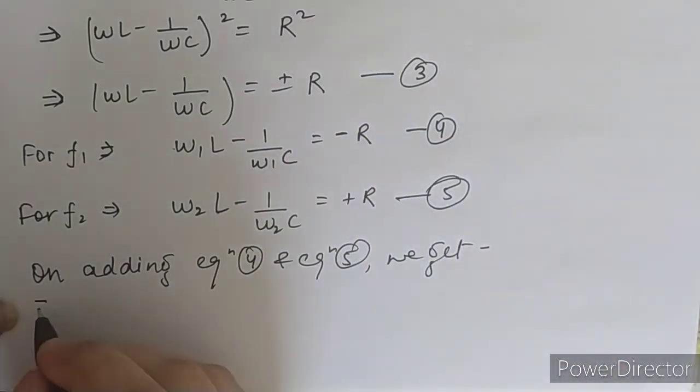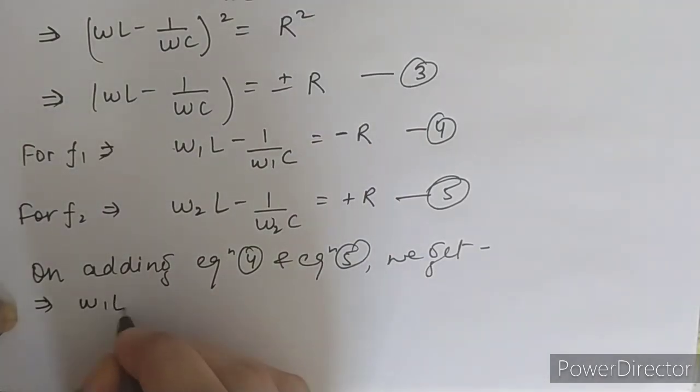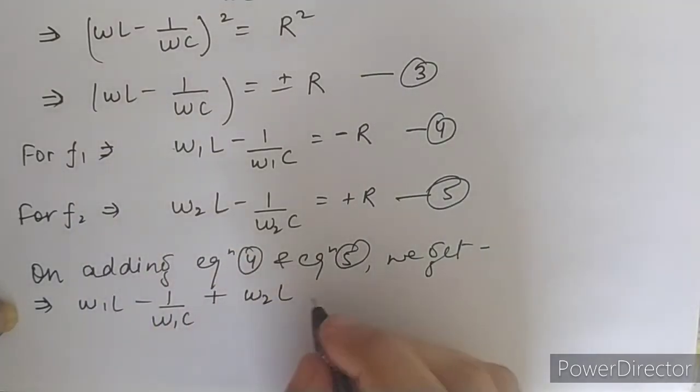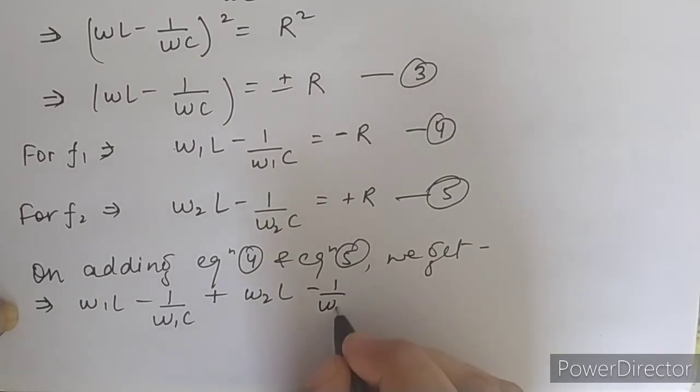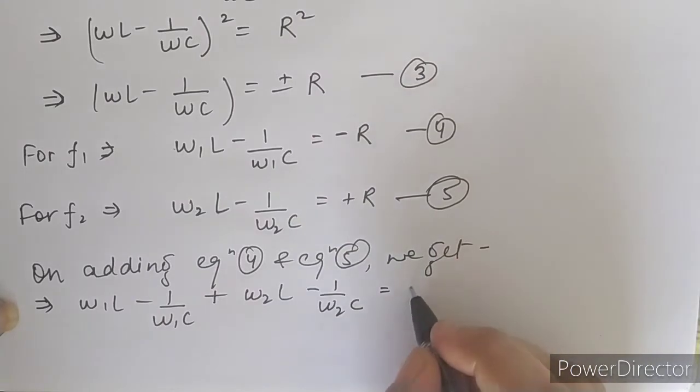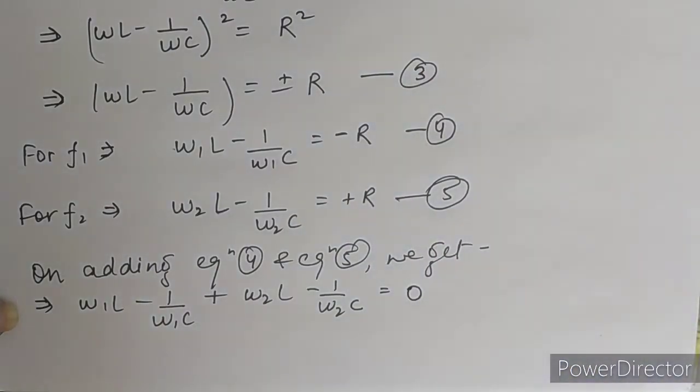I am simply adding them first. Omega 1 L minus 1 upon omega 1 C plus omega 2 L minus 1 upon omega 2 C is equal to minus R plus R, which cancels out to 0. Such an equation has been formed.